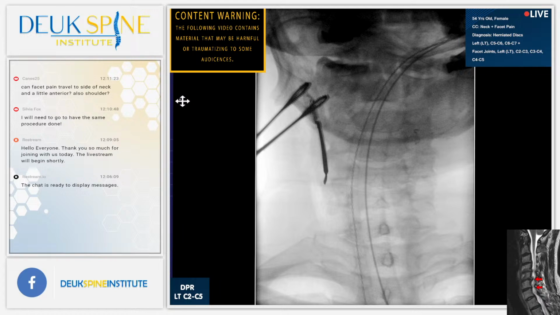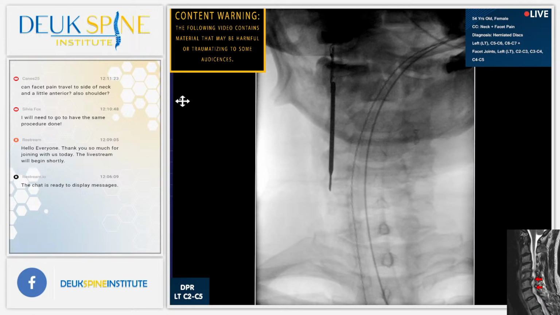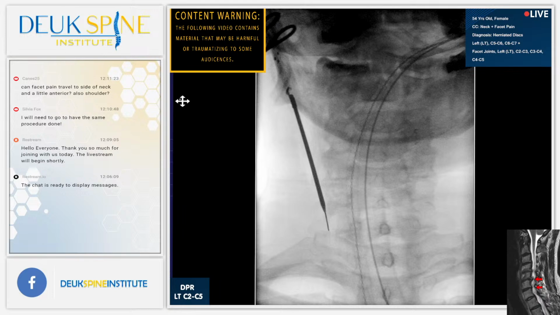But yeah, facet pain is very common, and we've calculated that in about 25% of our patients that come with disc problems, they also have facet problems. I think it's even higher now that we're diagnosing it more commonly.